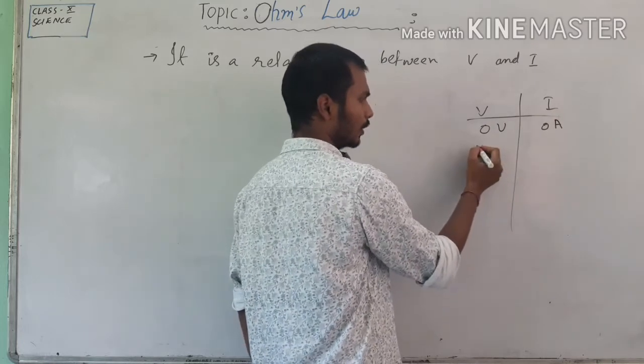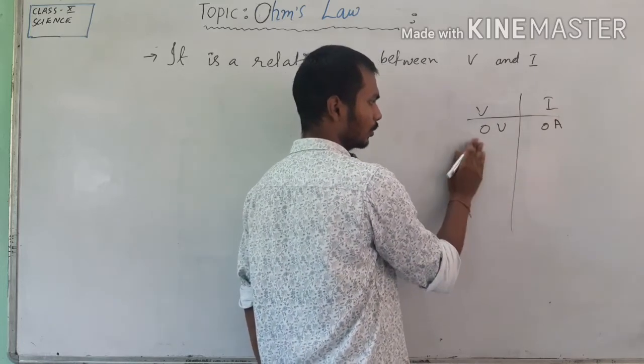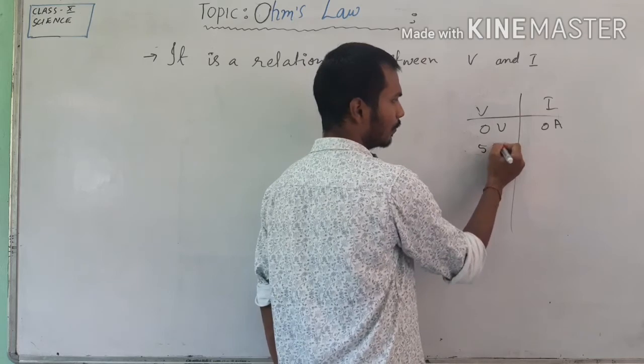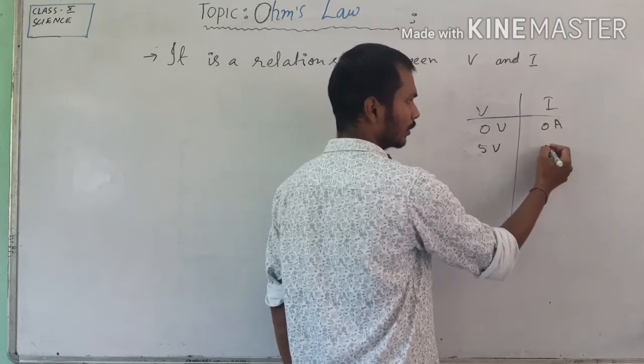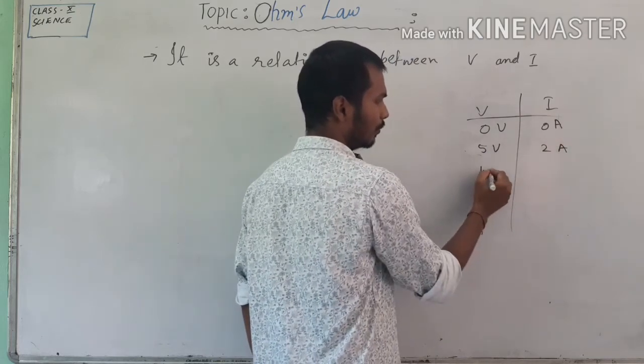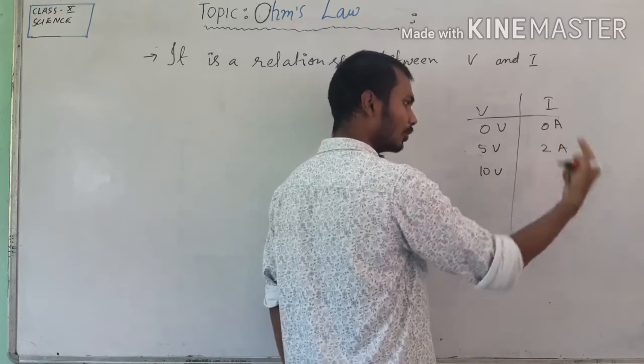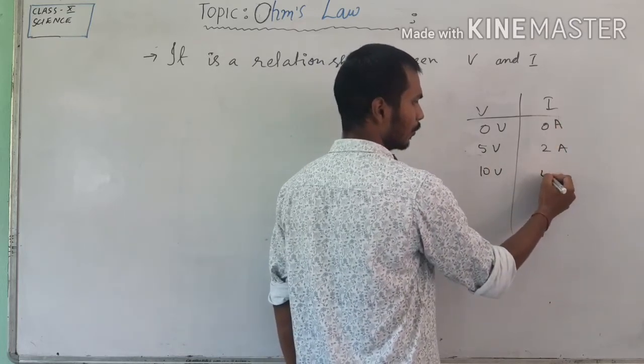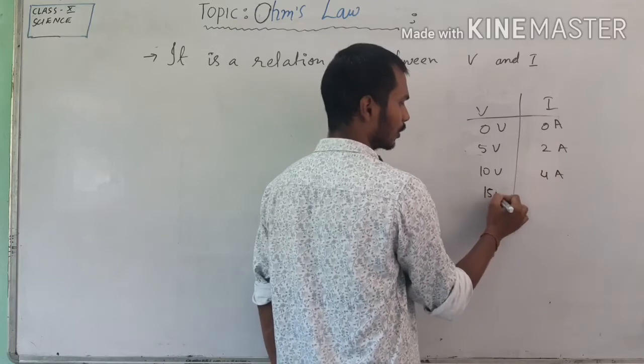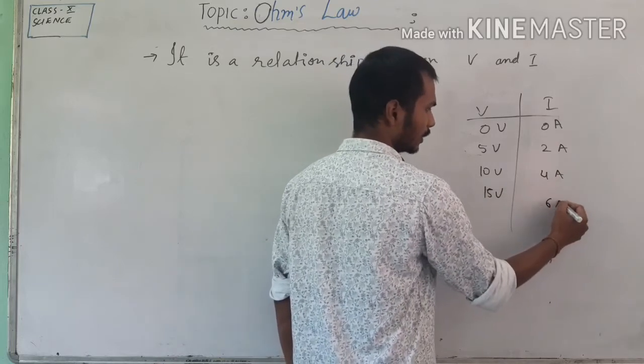Then after increasing the voltage to 5 volt, the current also increased to 2 ampere. At 10 volt he found that the current was 4 ampere, and at 15 volt the current was 6 ampere.